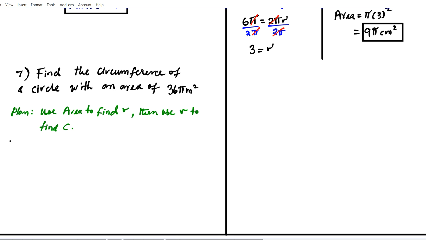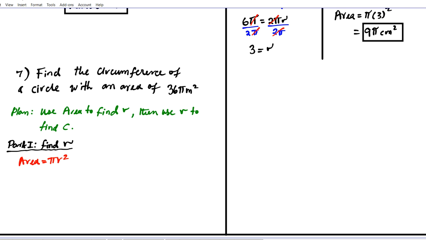Let's do the first part. Part 1. We want to find the connecting variable, which is r. So we're given the area, and we want to find r. We need a formula that relates the area and the radius. We know what that is, and it is pi r squared.